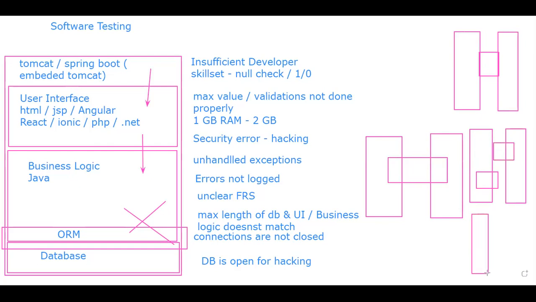Finally, the product comes like this. So this is what the customer wanted, and this is what came finally. This is a typical example of an error happening in the system because of improper requirements.